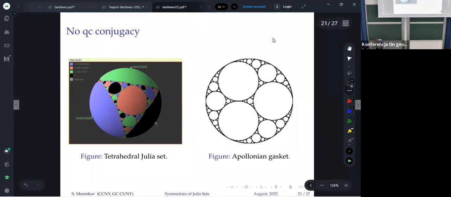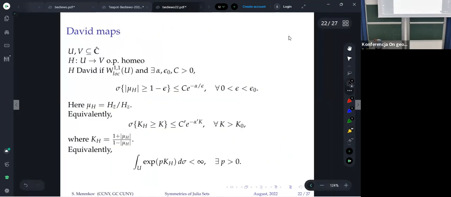So they're not quasisymmetric, but it turns out that there is a David relation between them. That's sort of the next best thing that can happen. And because I'm running out of time, there is this class of David maps. These are locally in the Sobolev space W^{1,1}. Their Beltrami coefficient can degenerate.